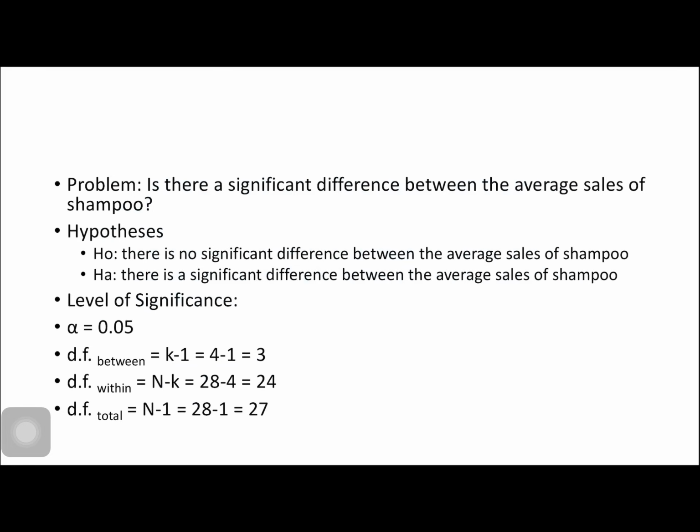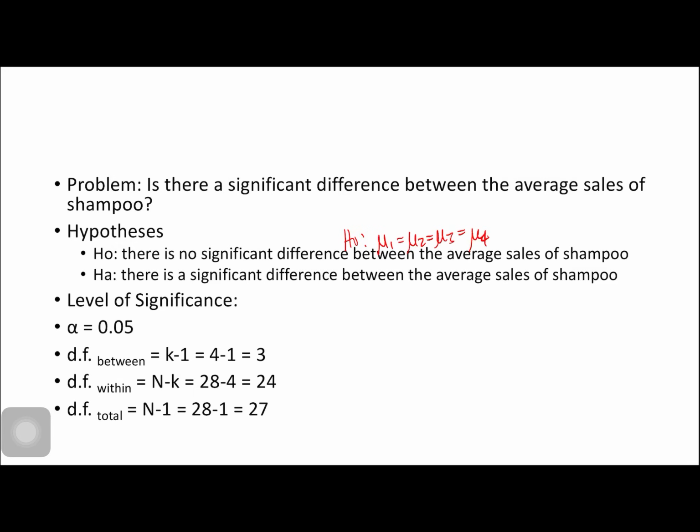So, for our problem statement, is there a significant difference between the average sales of shampoo? Then, for our hypothesis, the null hypothesis is there is no significant difference between the average sales of shampoo, or it can also be expressed as H0: mu1 = mu2 = mu3 = mu4.